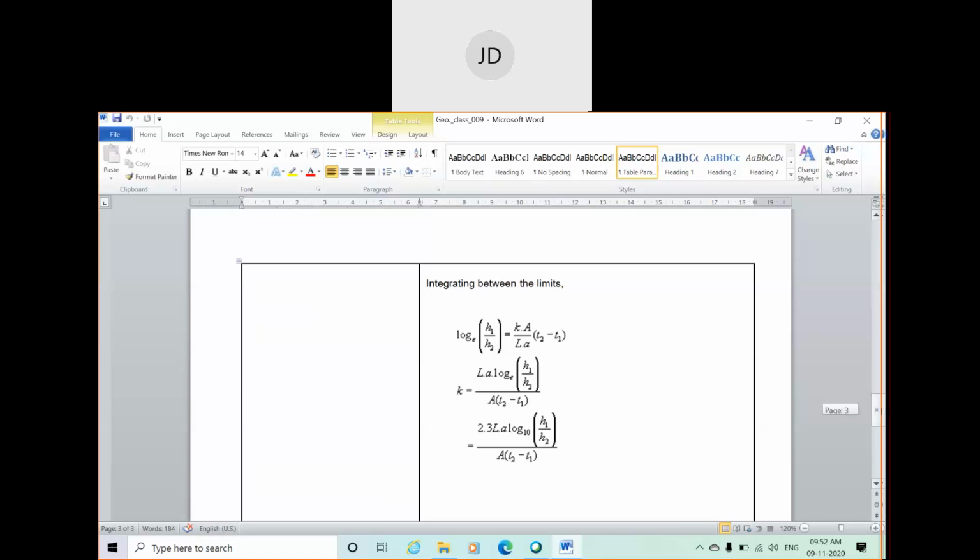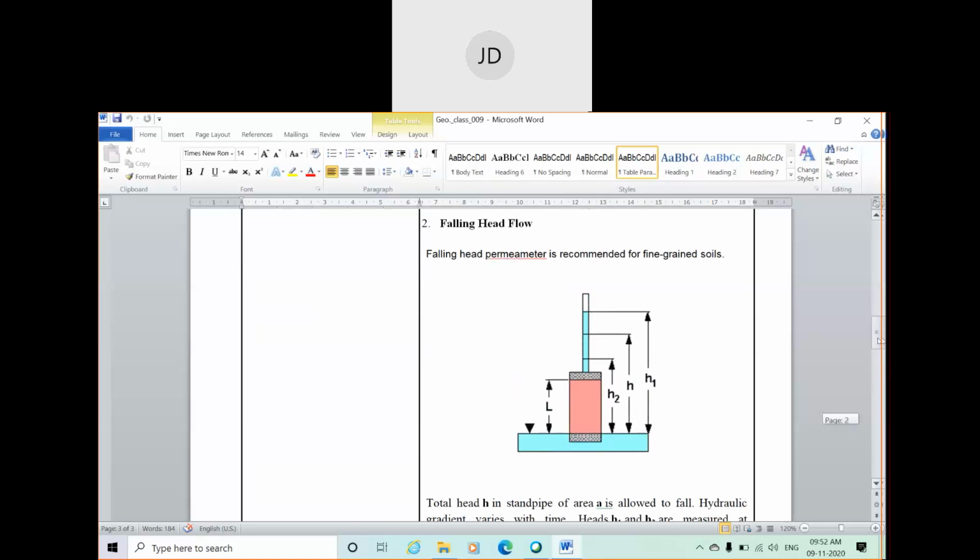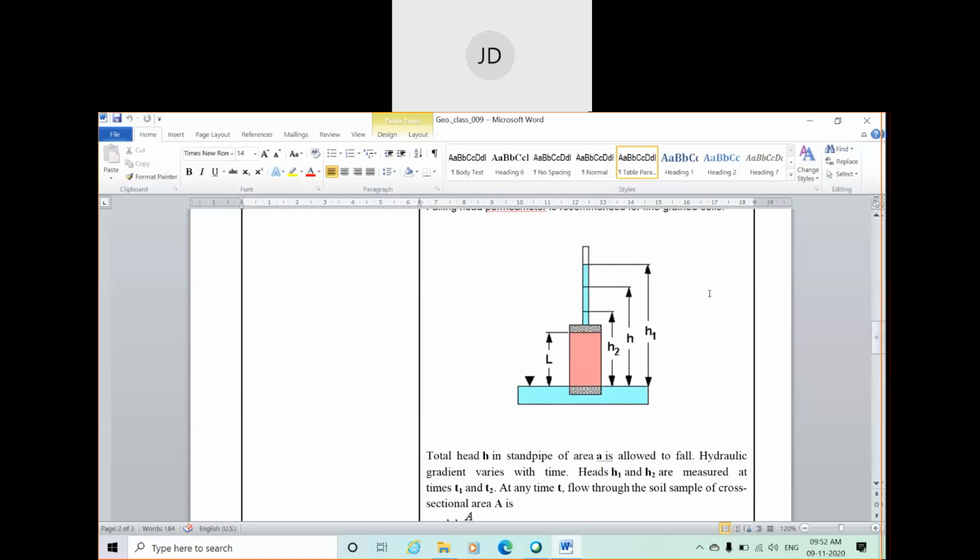And h1, h2, t1 and t2 are what? h1 is a particular head at time t1, h2 is a particular head at time t2. You can take any value at any time interval. During the experiment you can measure different heads at different time intervals. Suppose h1 is the initial head at initial time t equal to 0.